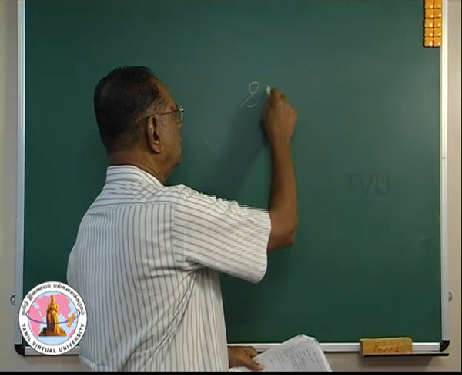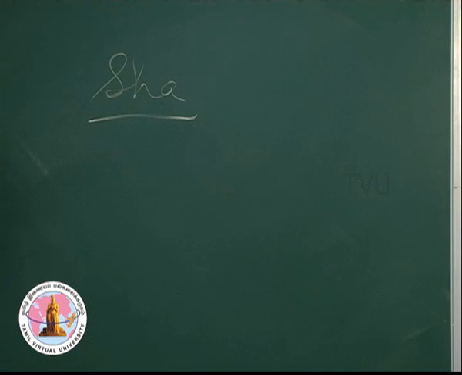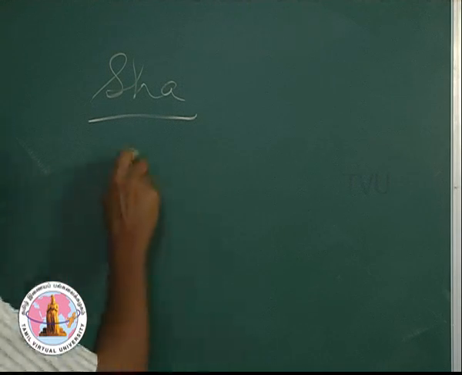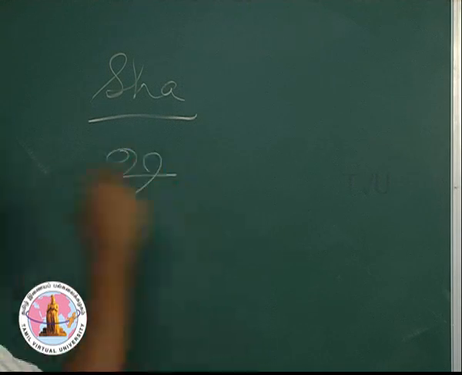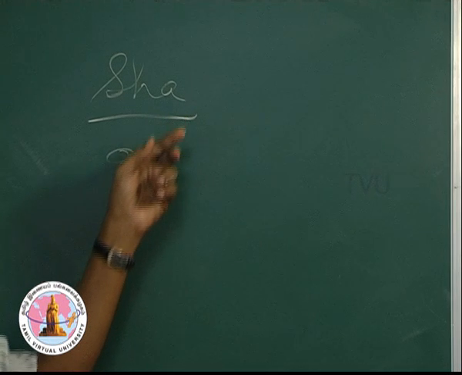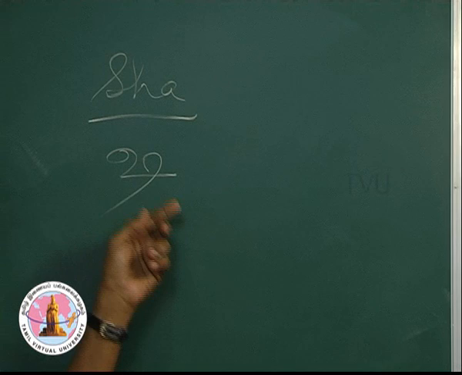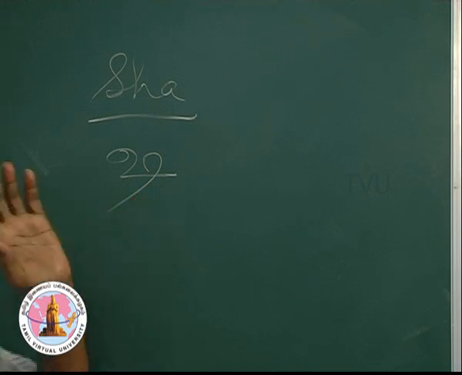This is Sha, to be pronounced as Sha. How do you write? This is the shape of this particular sound. And as I told you earlier, this is only an improvisation of the available script.